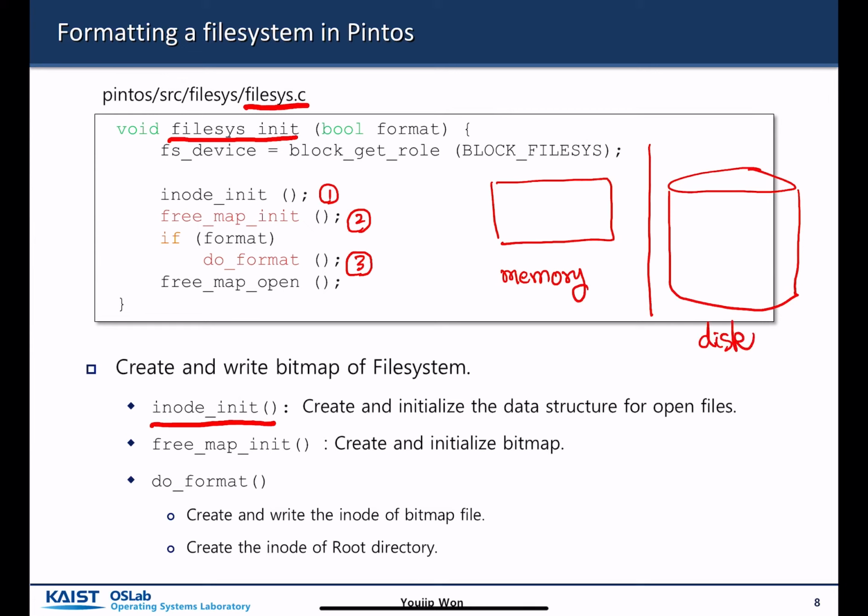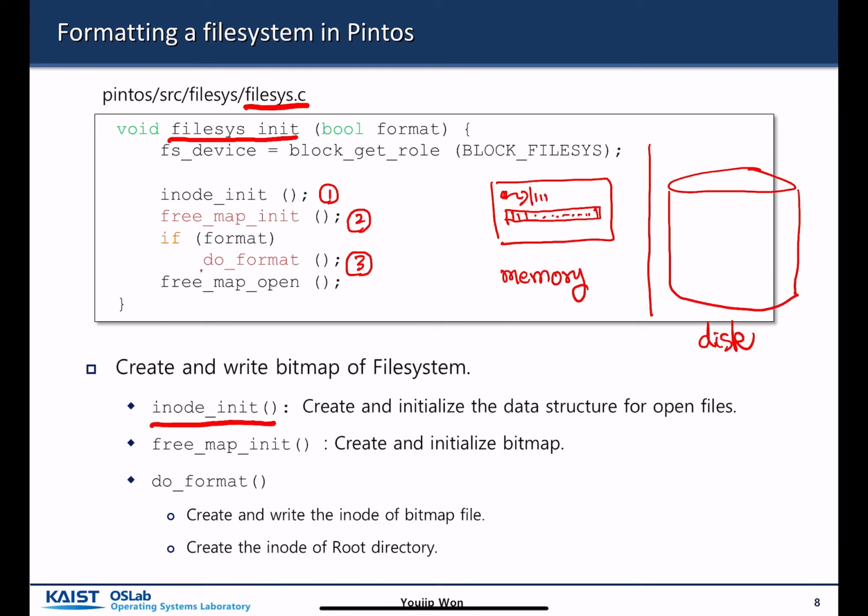So when the system starts, which we call a system boot, you create an empty list that is a list of open files, and inode is the data structure that represents a file. And also in free_map_init, you have to create a bitmap that can cover 8 megabytes, and you have to initialize it properly.